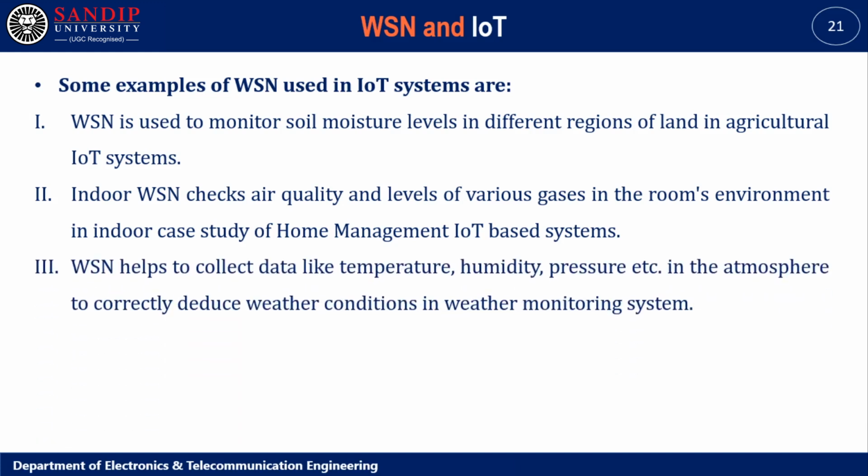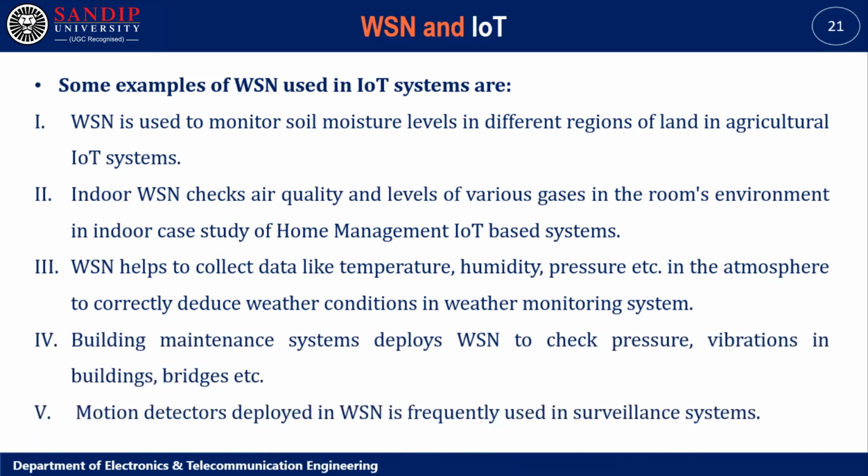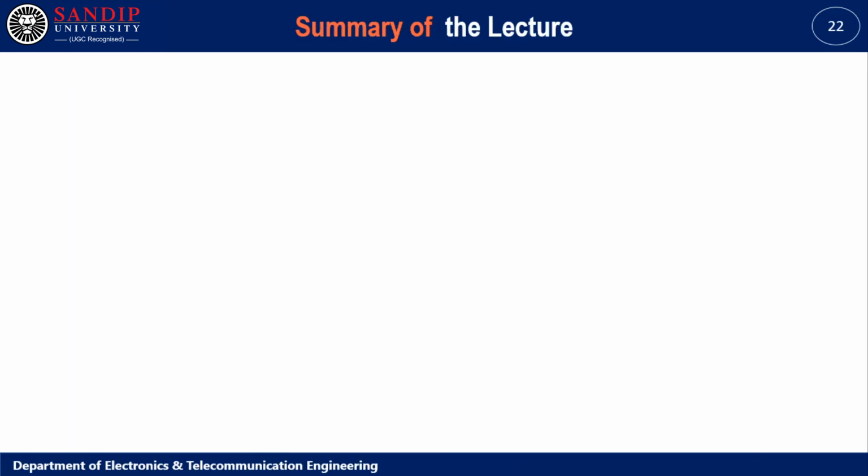WSN helps to collect data like temperature, humidity, pressure, etc. in the atmosphere to correctly deduce weather conditions in a weather monitoring system. Building maintenance systems deploy WSN to check pressure and vibrations in buildings, bridges, etc. Motion detectors deployed in WSN are frequently used in surveillance systems.